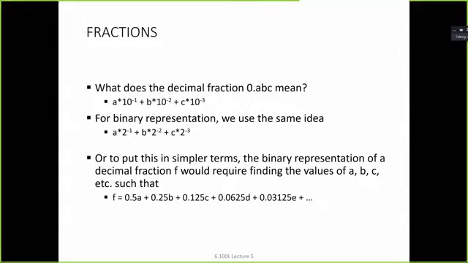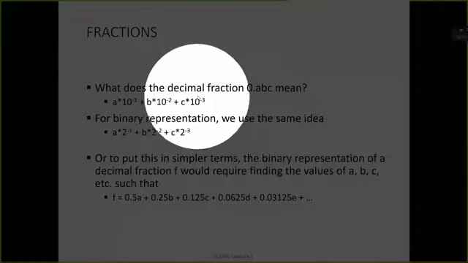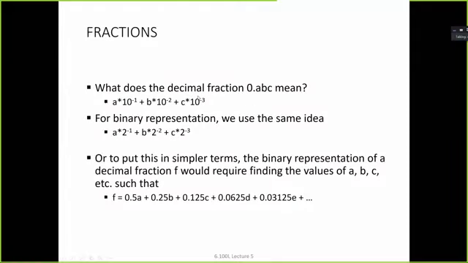If we're talking about a base 2 representation of a number 0.abc, where now a, b, or c is just 0 or 1 instead of 0 through 9, it's going to be the same thing. So we would have a divided by 2 plus b divided by 4 plus c divided by 8 and so on. So now we're dealing with powers of 2 instead of powers of 10, because our base is now 2 instead of 10.